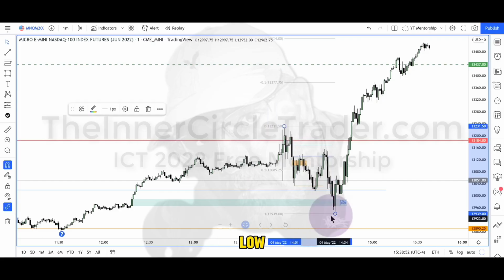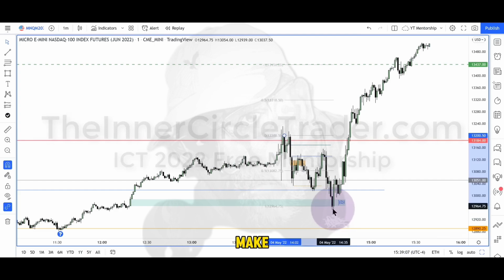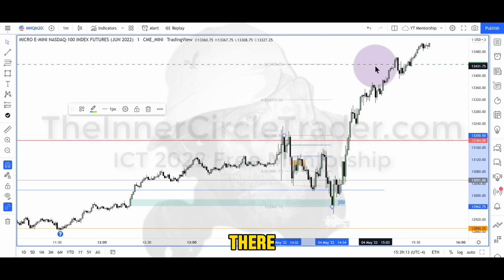Okay, so low up to high. Here's one objective. Here's two objectives. And now we're just falling short of that one. Okay, so that's kind of the extreme target for me today. But if you look at the body to body, it'll make a whole lot more sense in a moment. There's that target I was looking for. There.